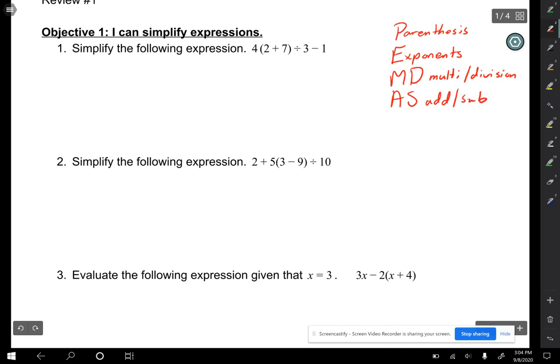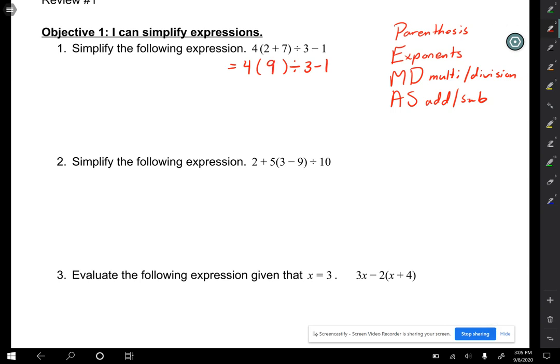Okay, so in number 1, we have 4 parentheses 2 plus 7, divided by 3 minus 1. Inside the parentheses is step 1. Everything is going to stay the same except for what's inside the parentheses, because 2 plus 7 is 9.